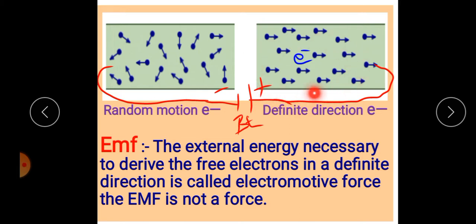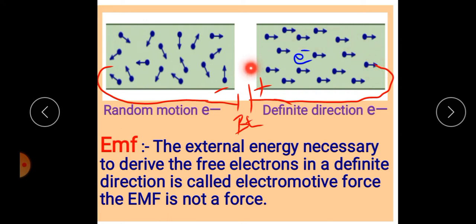One more important thing, the external energy necessary to drive the free electrons in a definite direction is called electromotive force, which is nothing but EMF. EMF is not a force, but it is the work done in moving a unit charge from one end of the conductor to the other end.